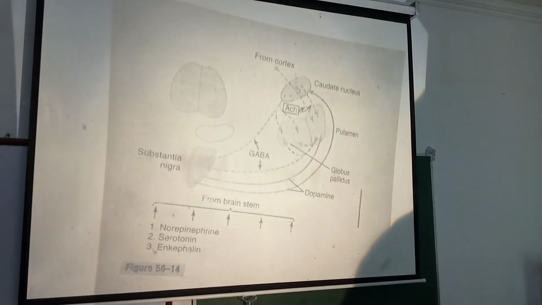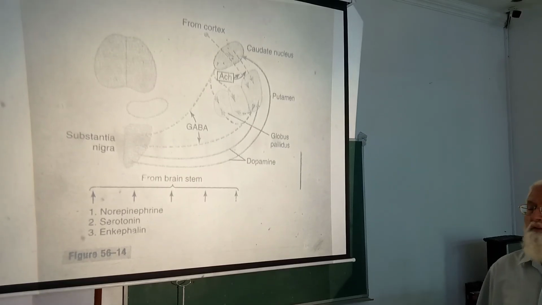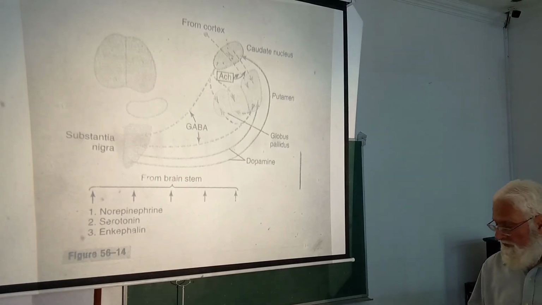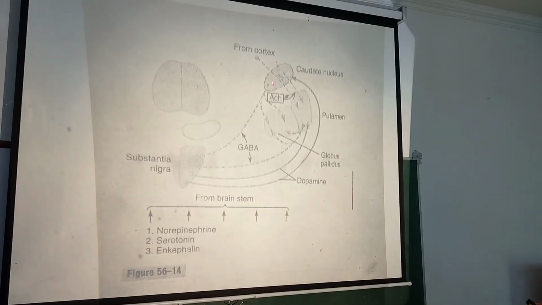In the basal ganglia, there are certain neurotransmitters, and these neurotransmitters are important in the functions of the basal ganglia. Corticostriate fibers are nerve fibers which pass from cerebral cortex to caudate and putamen.